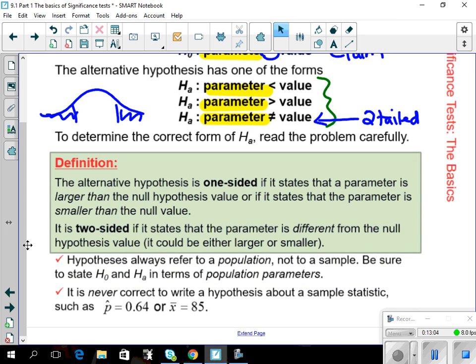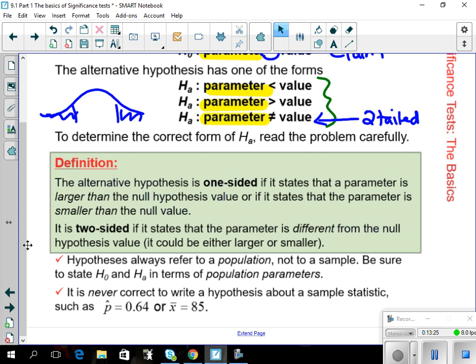All right. So, hypotheses are always referred to population parameters. It is never correct to write hypotheses about a sample statistic. I can't tell you how many times on released exams, practice exams, that this comes up.